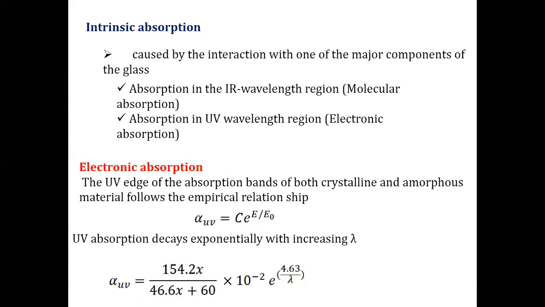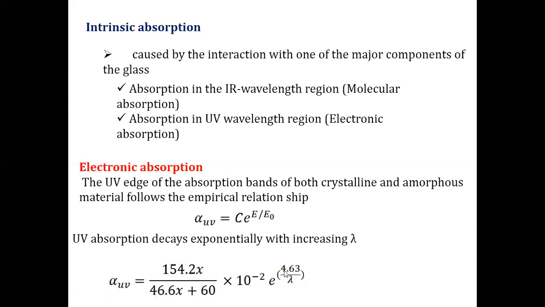The ultraviolet loss at any wavelength can be expressed as alpha UV equals 154.2x divided by 46.6x plus 60, times 10 to the power minus 2, times e to the power 4.63 divided by lambda.